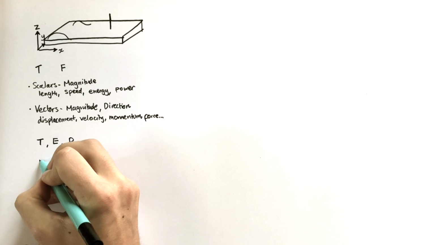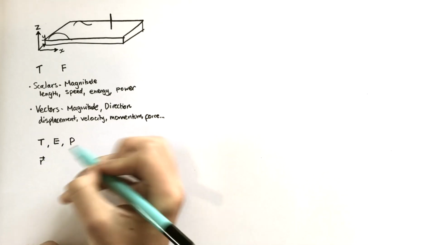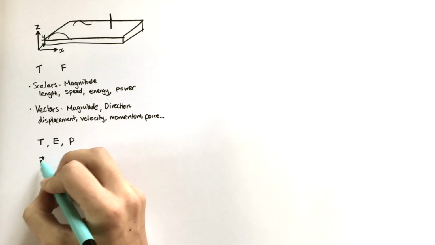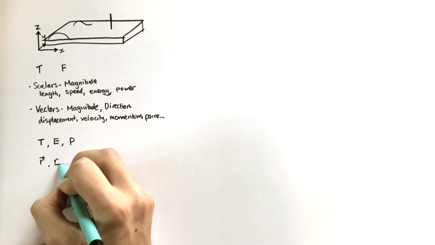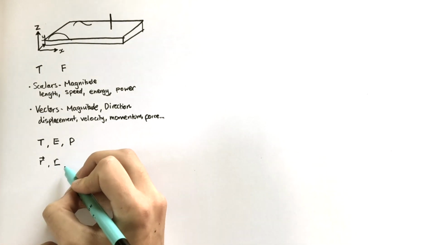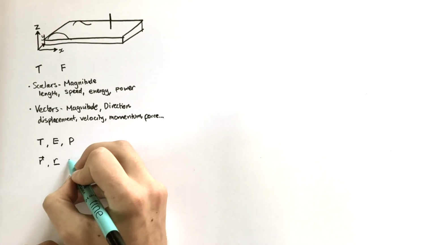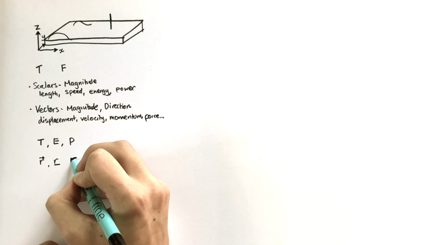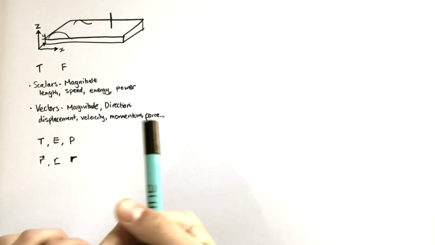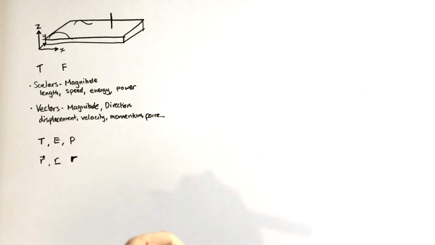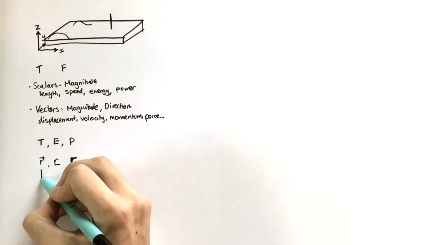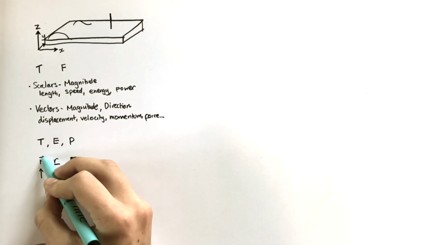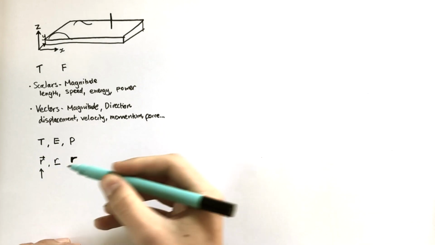With displacement, we use the symbol r, but what you typically do if you're writing it down is put a little arrow on it, or you could underline it like that. In some textbooks, you'll probably see vectors denoted in a bold format. Of course, it's a little bit harder to do that if you're handwriting it, so what I tend to do is put the little arrow on top to denote a vector.